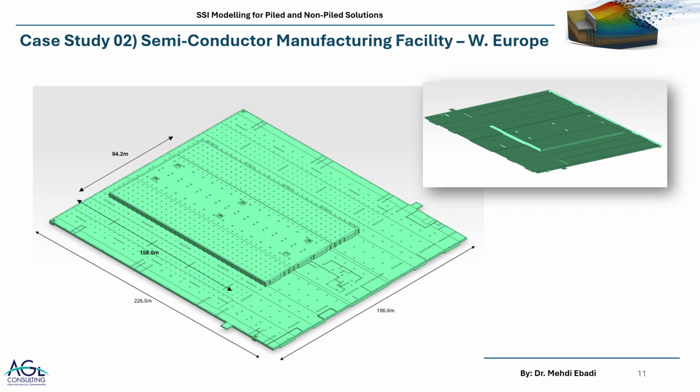So the foundation, as you can see, had both large dimensions and many different details, from both the aspects of lift bits and those kind of things, and columns, and the different thicknesses of the foundation, even the geometry of the foundation.